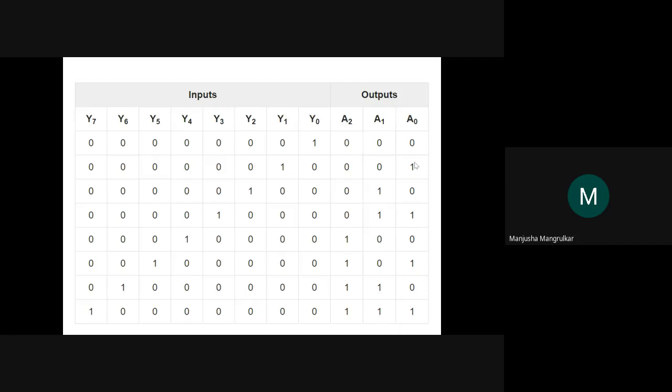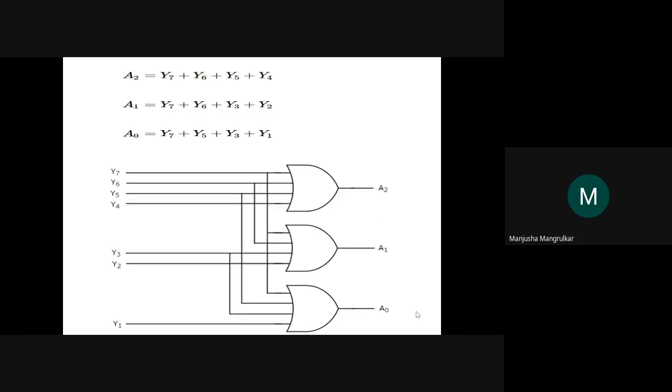Clear? A0 is equal to Y1, Y3, Y5 and Y7, right? So if we write this equation, A2 is equal to Y7, Y6, Y5, Y4.